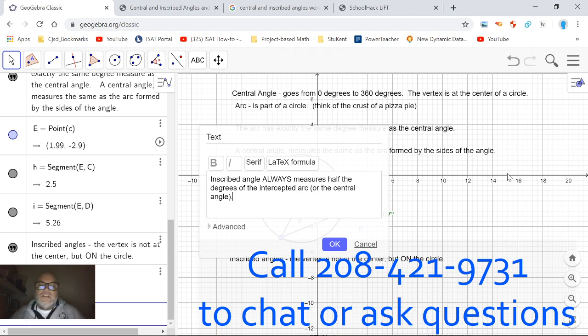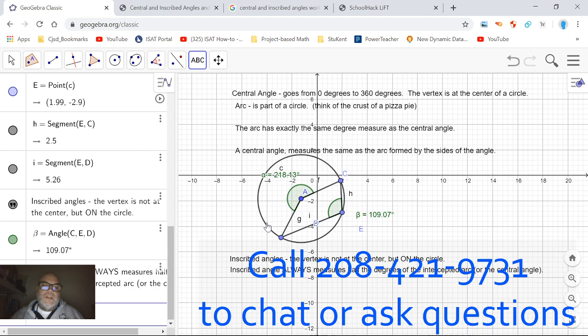The intercepted arc and the central angle, that's what we were talking about at first. This part right here is the arc that's intercepted, and the inscribed angle is half of it, right?